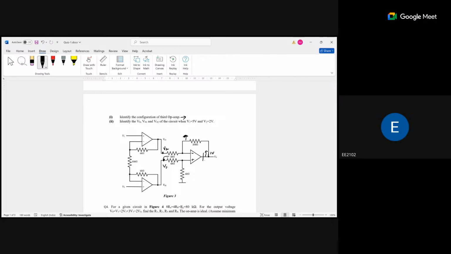Now that positive voltage comes to this point, so again it is a positive voltage. If I multiply this with the positive signal, we get a positive voltage here.